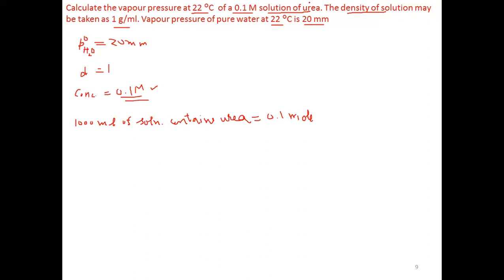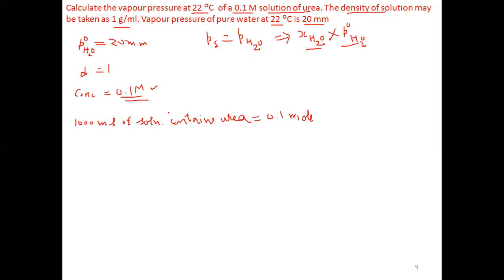The vapor pressure of urea is 0 because it is non-volatile. So the vapor pressure of solution is equal to the vapor pressure of water in solution, calculated as the mole fraction of water in the solution multiplied by the vapor pressure of water in pure state. That is given, we just have to calculate the mole fraction of water, which is the number of moles of water divided by the number of moles of water plus the number of moles of urea.